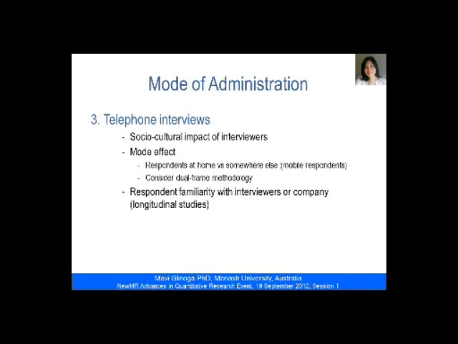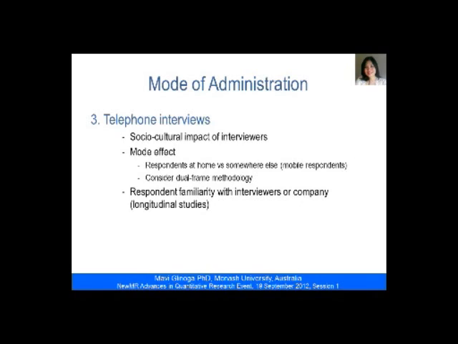The mode effect is really big at the moment. This is why we have dual frame methodology studies going on in the US, in Germany, and Australia. You might want to consider adding 1 or 2 questions in your survey to ask respondents whether they're responding to your survey at home or somewhere else.